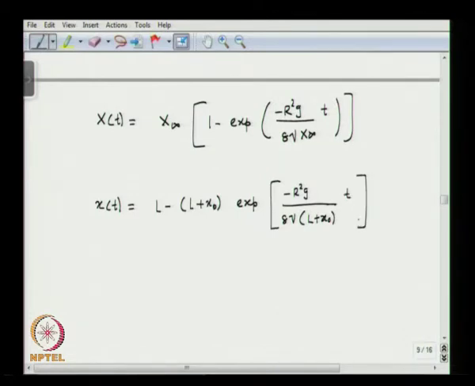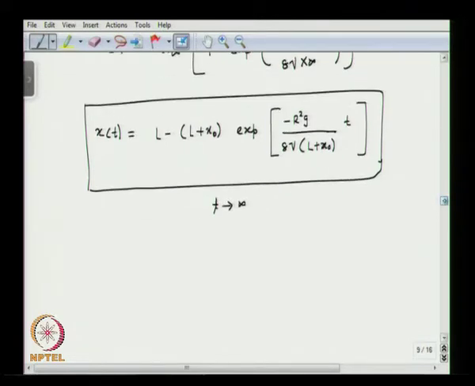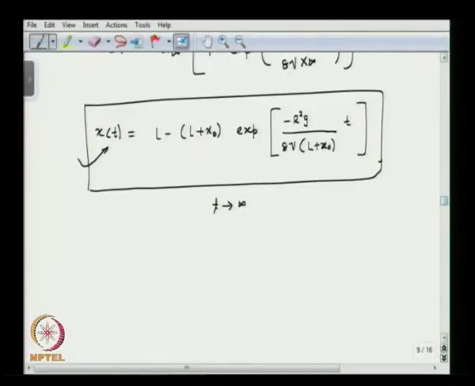Okay. So, that is the solution we would have at the end of the filling process when t tends to infinity. So, what we see here is that the profile is going to reach a steady state exponentially.